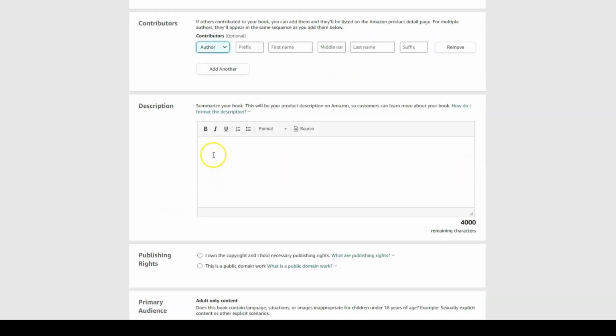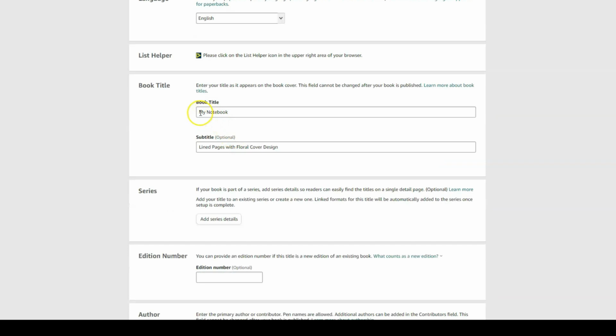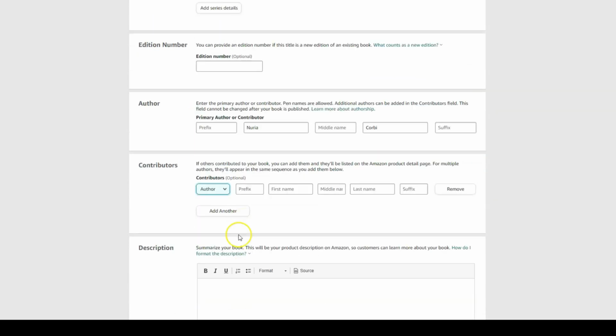Now, the description is something that you should spend a little bit of time with, because having a good description can sell your book. People look at the cover first of all, but then they also like to read the description. So what I generally do is I take my title and my subtitle and I put that right at the top.